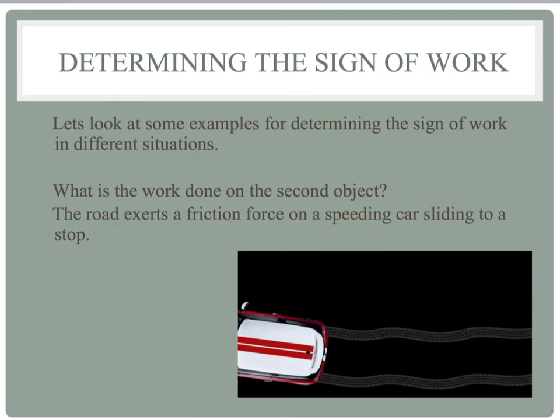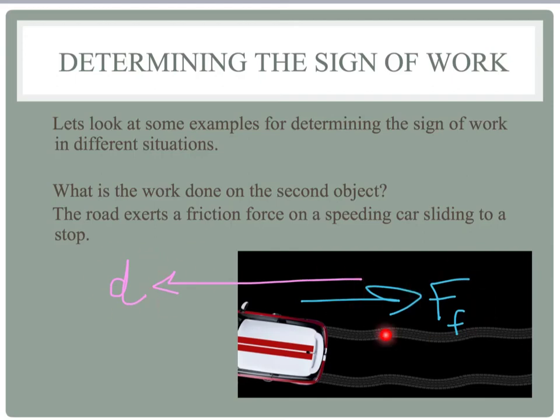If the car is going this way, that's our direction of displacement. Our direction of force, friction, is opposite motion, so our friction force is going in that direction. Displacement and friction are opposite directions. That means we have negative work going on.